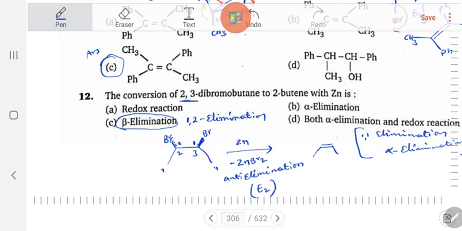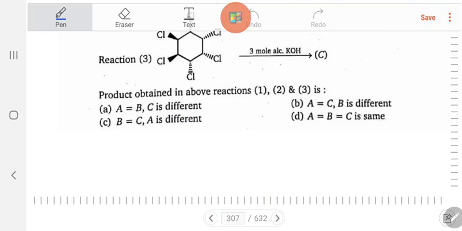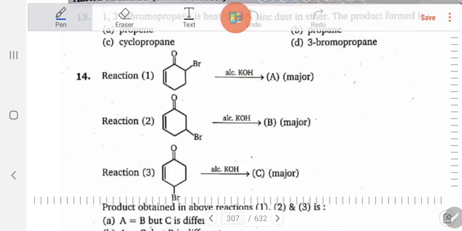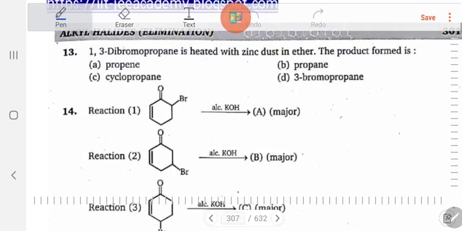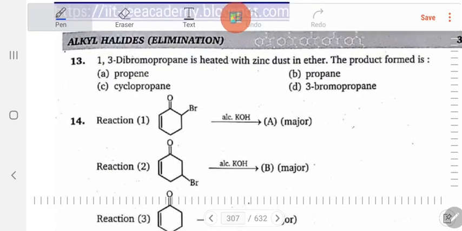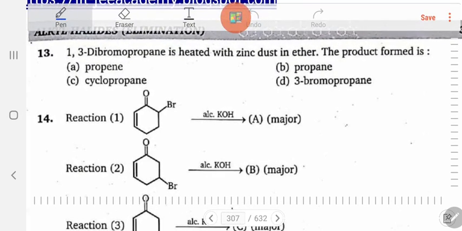Question number 13. 1,3-dibromopropane is heated with zinc dust. In ether, the product obtained is? 1,3-dibromopropane.